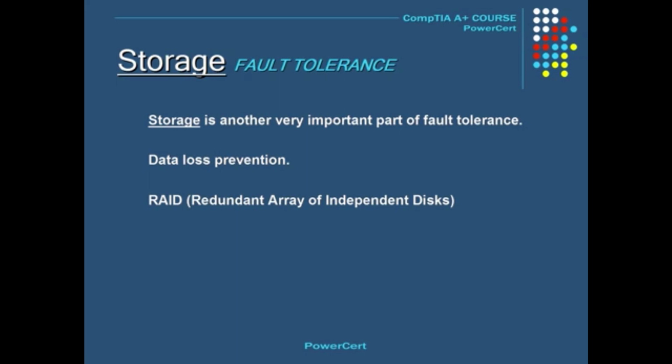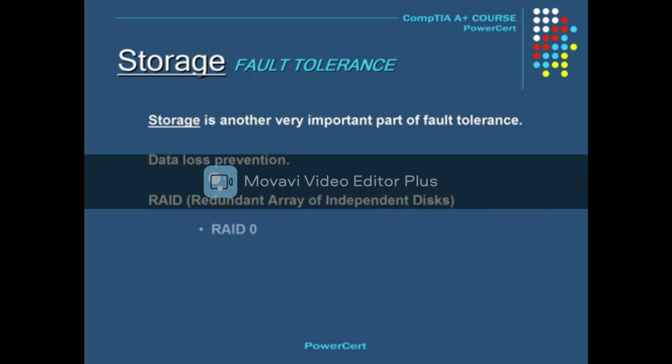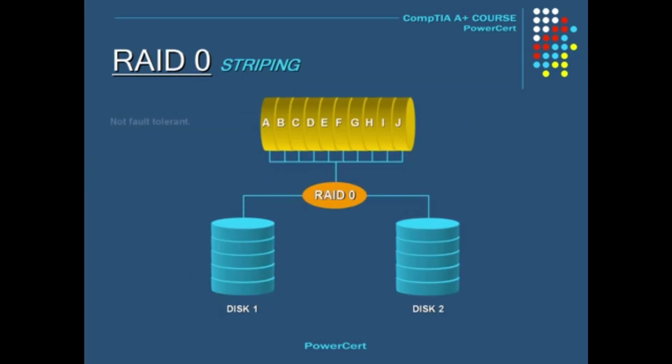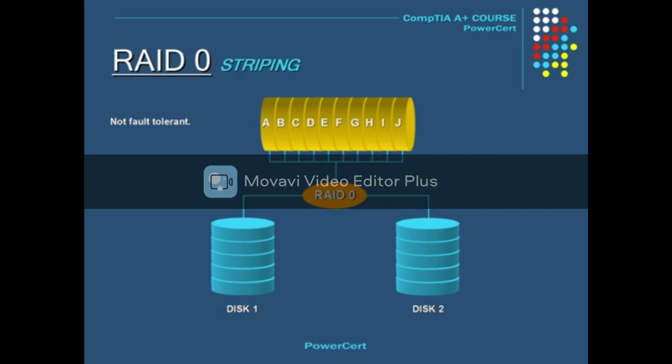Now there are three common forms of RAID. There is RAID 0, RAID 1, and RAID 5. Now RAID 0 is not fault tolerant. In fact, RAID 0 shouldn't even be called RAID, because not only does it not provide fault tolerance, it actually increases the chance for data loss.